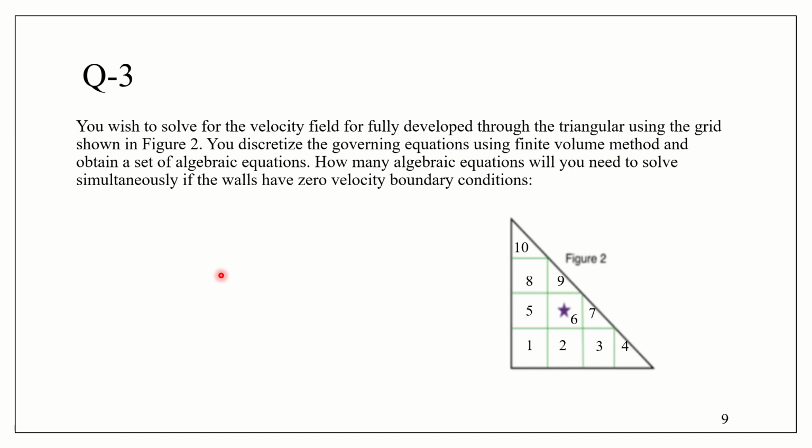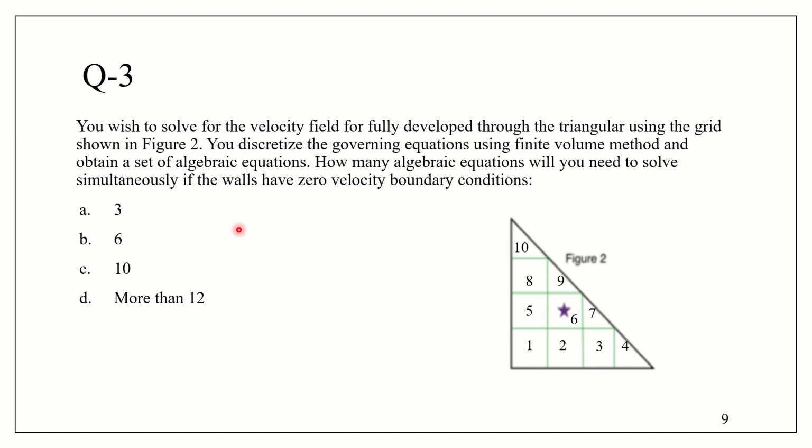So we look at the options. Option A is 3. Option B is 6. Option C is 10. Option D is more than 12. If we look at it, for every cell we would be writing a discretized governing equation in the finite volume method. So how many cells do we have here? 1, 2, 3, 4, 5, 6, 7, 8, 9, 10.